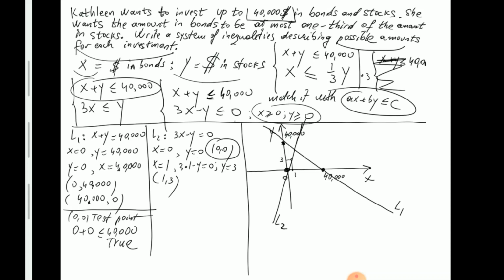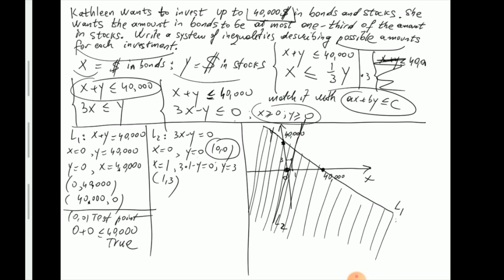So that means the region where 0, 0 belongs to, that is to say below or to the left of line number 1, is going to be the region that describes the solution of that inequality. And now you can actually skip the negative region. You already know you won't care about any of that part here, where y is negative, right? So anything below the x-axis or to the left of the y-axis.